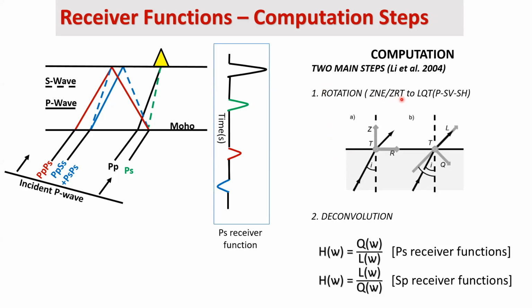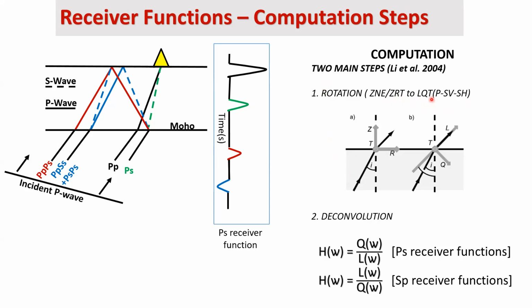And sometimes people also do further rotation in order to have a more focused energy of P wave on the L component and SV wave on the Q component and the SH wave on the T component.